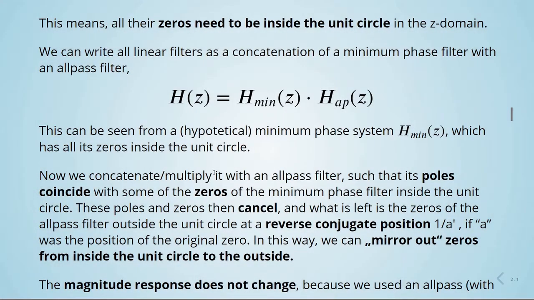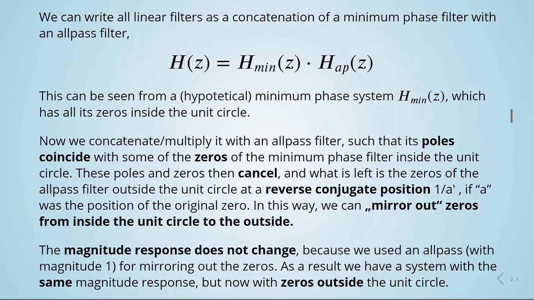We can write all linear filters as a concatenation of a minimum phase filter with an all pass filter. So we can see here, this is the frequency response of a filter. This can be seen from a hypothetical minimum phase system, H-min, which has all its zeros inside the unit circle.